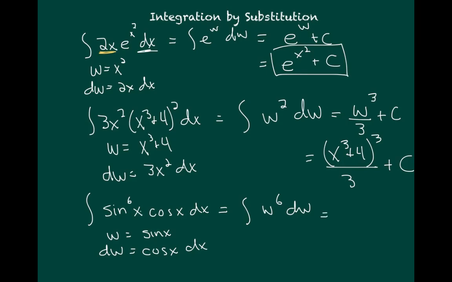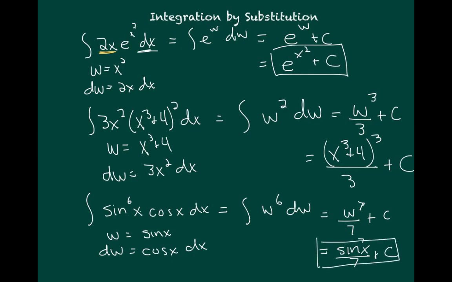Well, now I just undo the power rule, so this becomes w to the 7th over 7 plus c, and when I substitute back in that for w, I get sine of x to the 7th over 7 plus c.